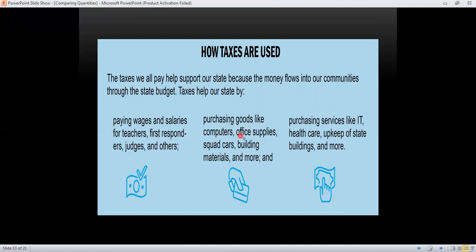Purchasing goods like computers, office supplies, squad cars, building material, and more. Purchasing services like IT, healthcare, upkeep of state buildings, and more. So basically, whatever the government does for us, they take our taxes and give us the best services that we use.